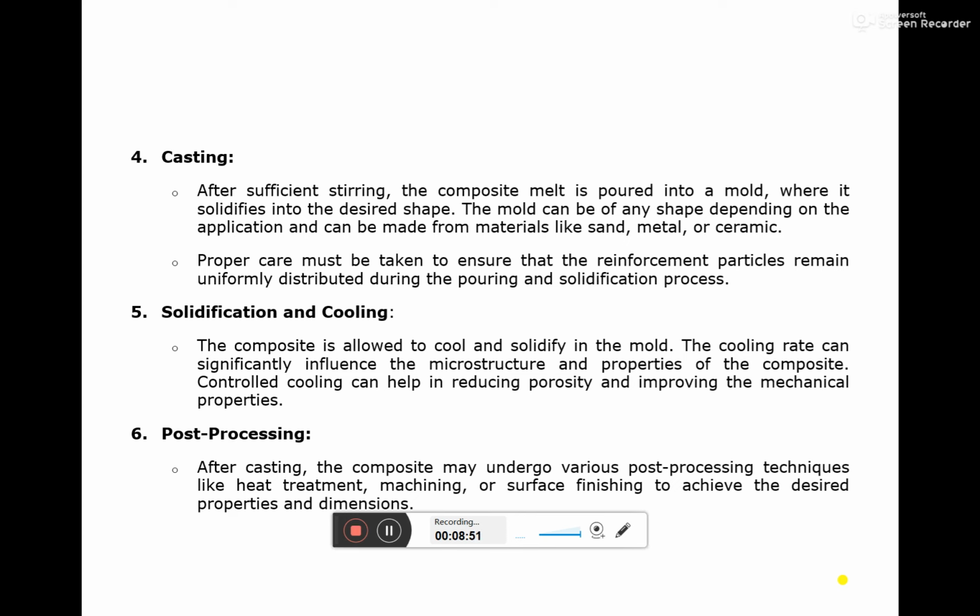Sometimes we may increase the hardness, or decrease its hardness, or improve its strength properties. Further, we may perform some heat treatment operations, or sometimes some minor machining process. Such type of post processing operations we can perform in the post processing of the metal matrix.